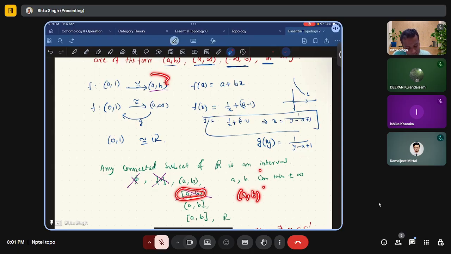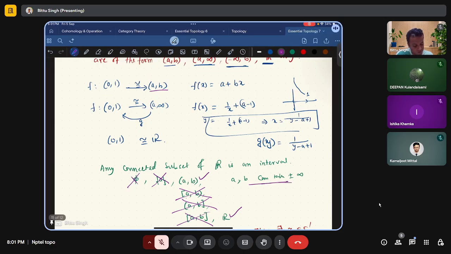But removing any point from the open interval makes it disconnected. But we know homeomorphism always preserves connectedness, right? That's why this cannot be homeomorphic with this interval. Similarly, those two are not homeomorphic. This is one possible choice, this is another, and a, b are allowed to take the value plus minus infinity.